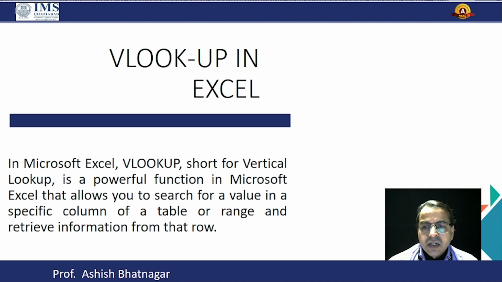So the definition says it's a powerful function in Microsoft Excel that allows you to search for a value in a specific column of a table or a range to retrieve information from that particular row. V means vertical, and we have the columns in a vertical position, like in an MS Excel spreadsheet, where the columns are A, B, C, D, E, and lots more.